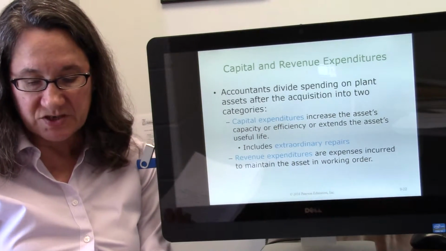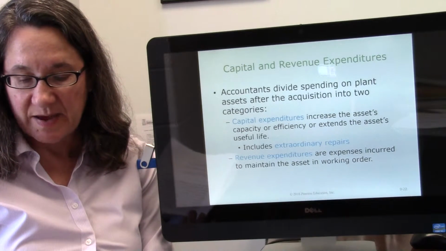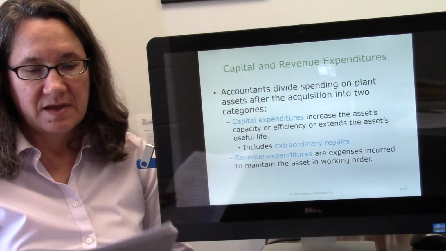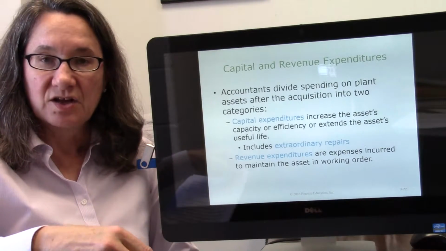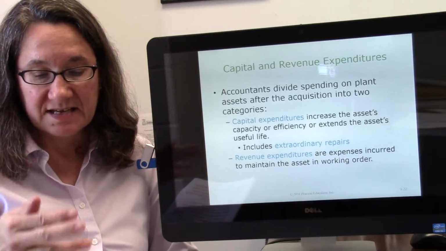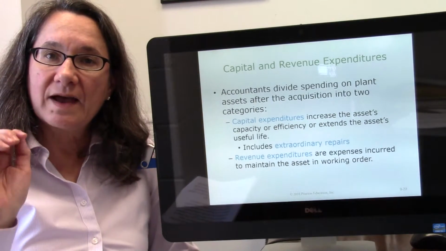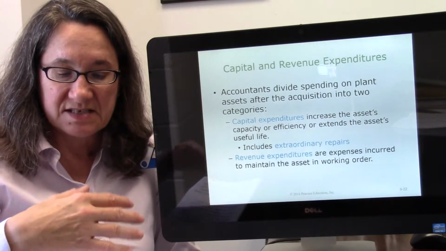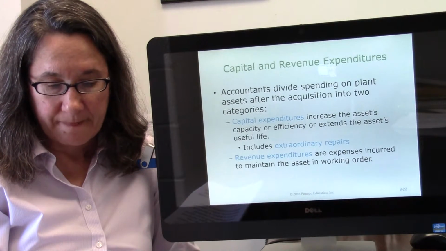It is debited to an asset account because it increases the asset's capacity or efficiency or extends its useful life. Examples include the purchase price plus all other costs to bring the asset to its intended use. Also, an extraordinary repair is a capital expenditure because it extends the asset's capacity or useful life.